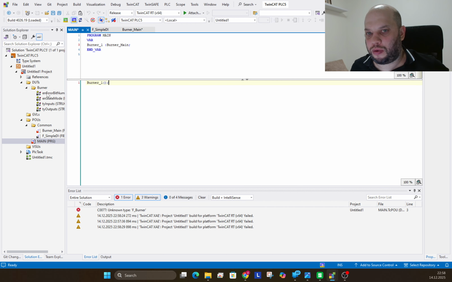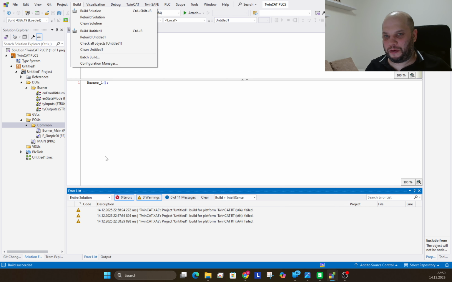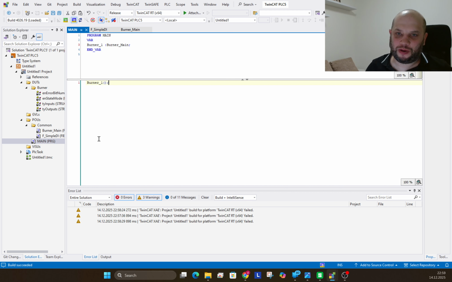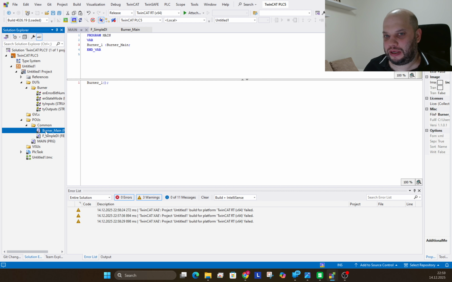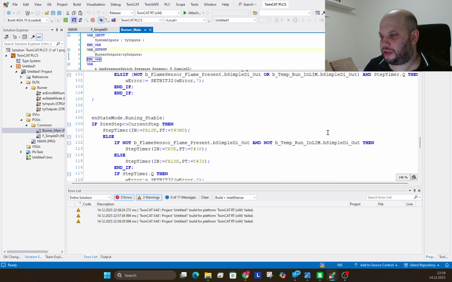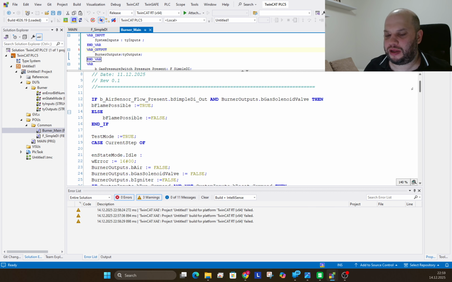Here, let's try to compile. Yeah, now it's wow, because there is no problem, no errors, no faults, nothing. So yeah, this is looking nice. The structure is looking fine.